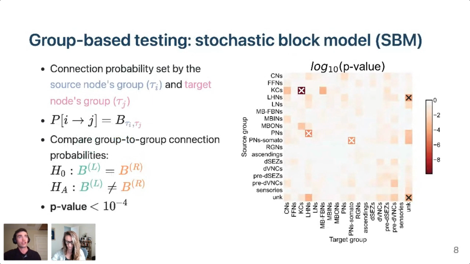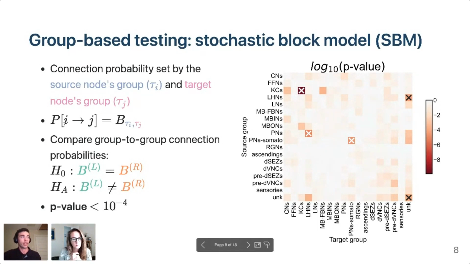So the next, slightly more complicated model that we could use is called the stochastic block model. What this model cares about is binning my nodes into a bunch of different groups and then looking at connection probabilities among those groups.